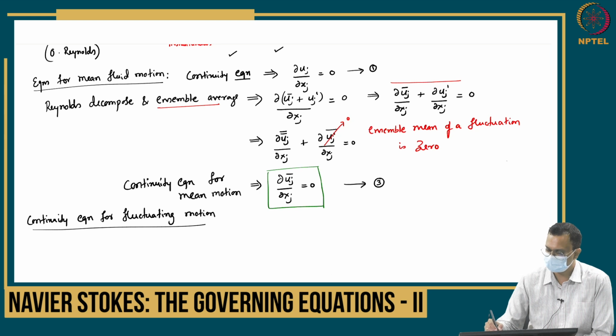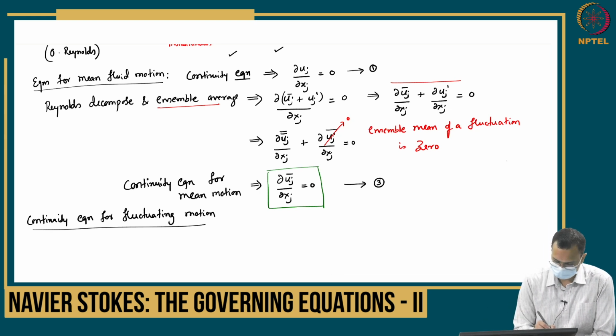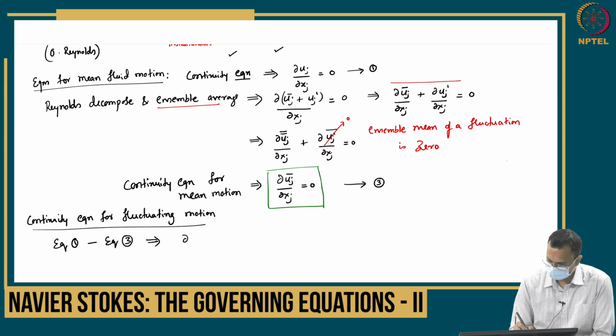I can subtract equation 3 from 1, correct? So I get equation 1 minus equation 3, which would give me dou uj bar by dou xj plus dou uj prime by dou xj.